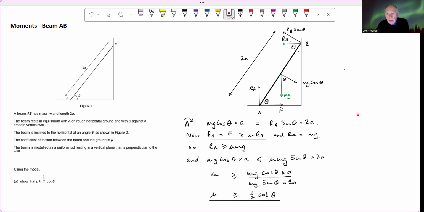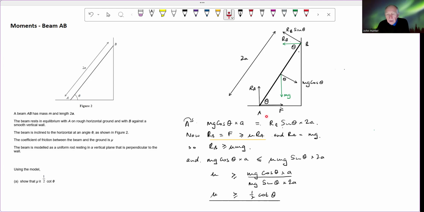Right. So where do we go from here? Well, I think the first thing is we can look at the vertical forces. We can look at the horizontal forces. Those are important. But first of all, I'm going to take moments about A.